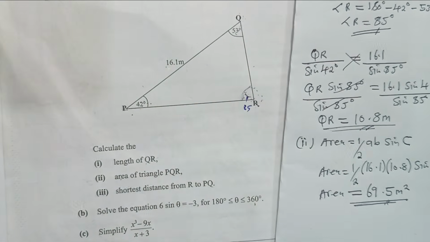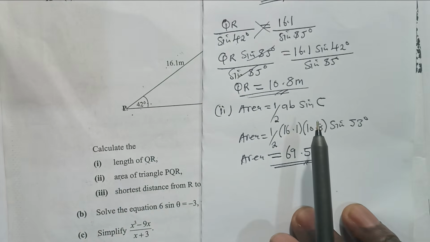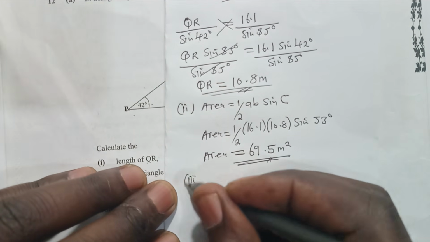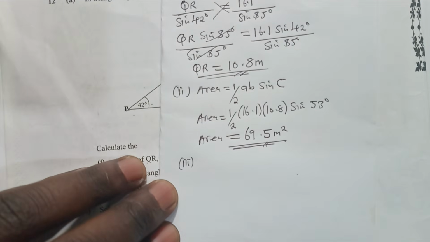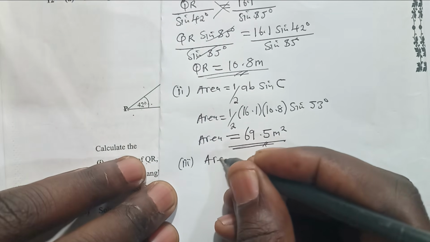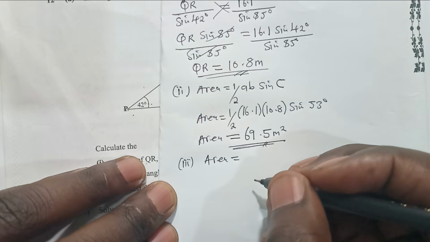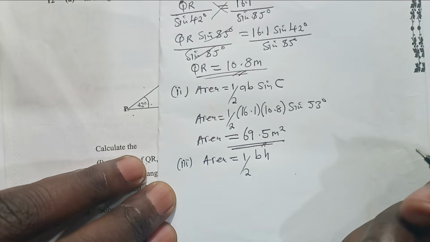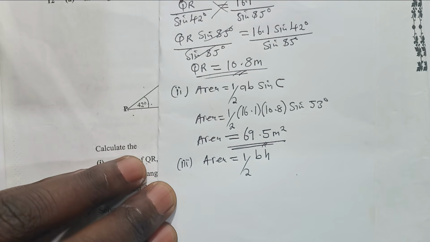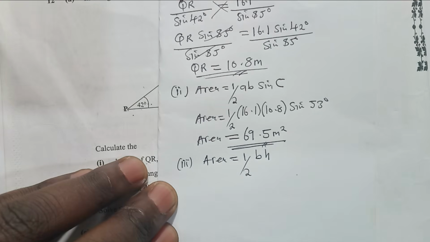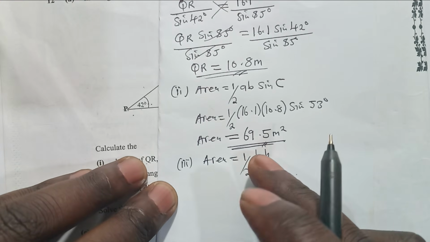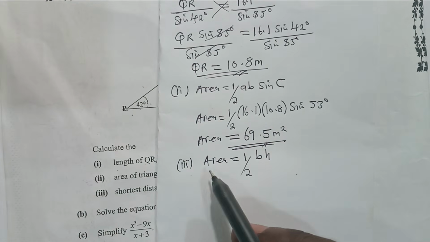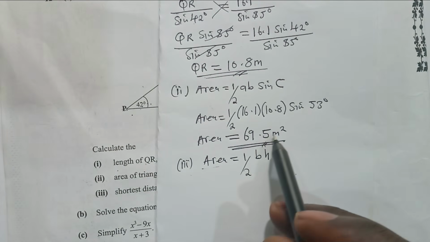And because it is about the perpendicular height, we are going to use the formula for area of a triangle, where area is equal to half base times height. Now, in our case, we've already calculated the area, which is 69.5 square meters.